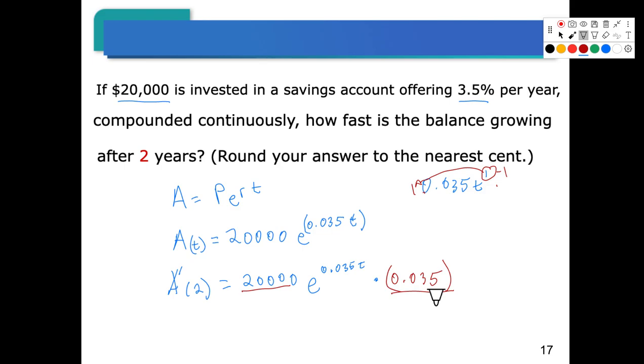I think it was 700. 20,000 times 0.035, 700, yeah. Times e to the 0.035, and since we're going to plug 2 in for t, this is because they actually want the value.